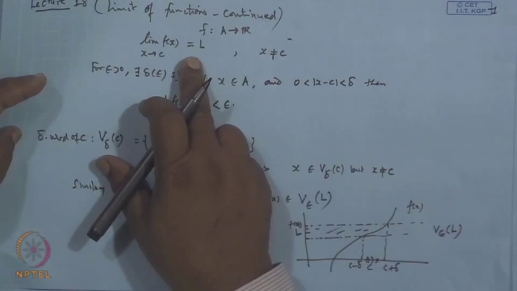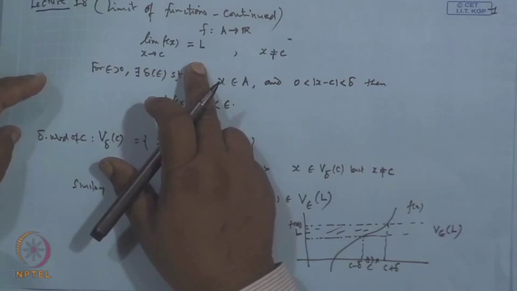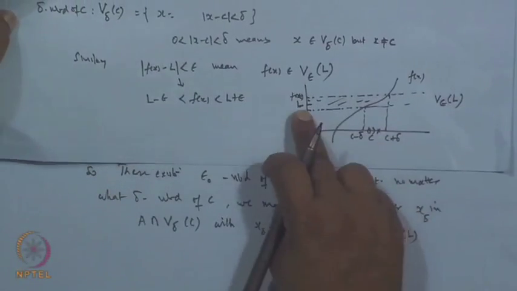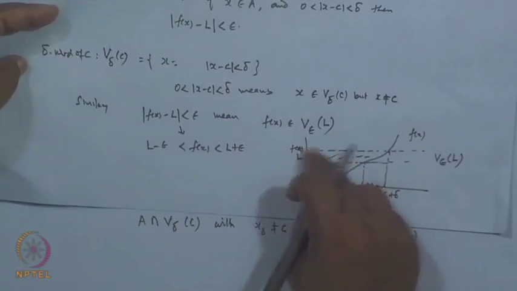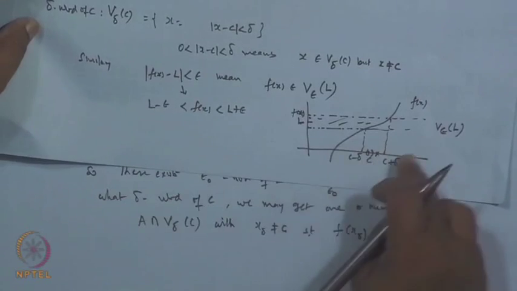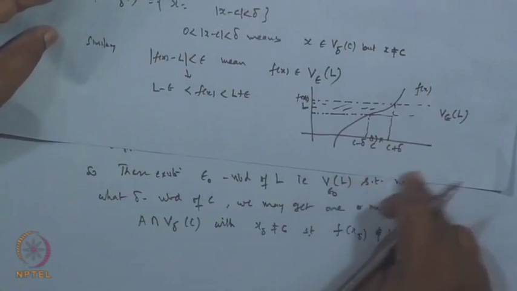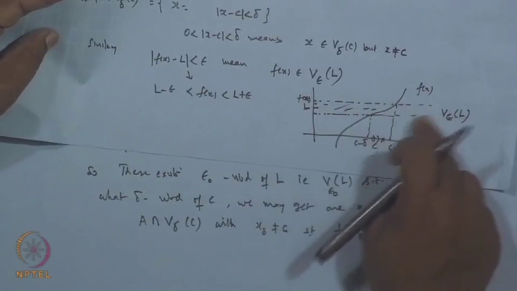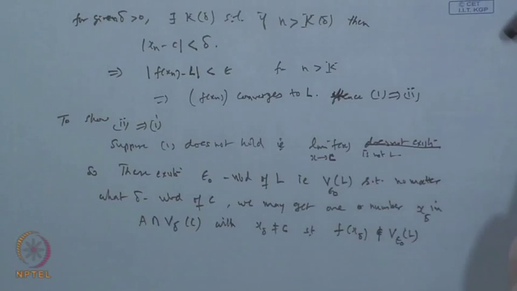Suppose the limit is not equal to L, does not exist or is not L. It means if we pick up some epsilon, there will definitely exist some epsilon naught neighborhood of L, such that whatever delta neighborhood we choose, there will definitely be one point whose image will not fall inside it. That is the exact meaning of this.